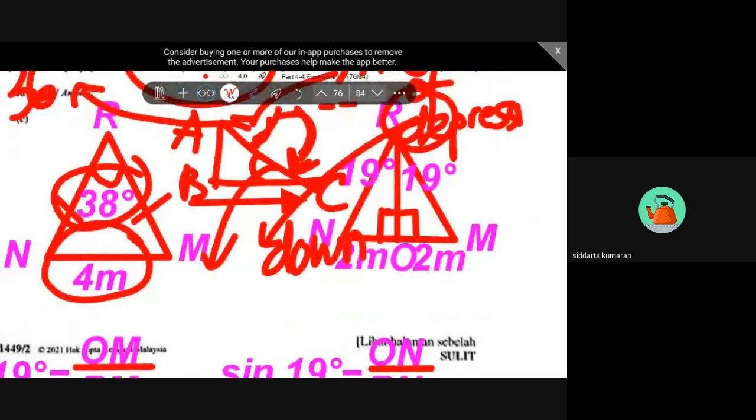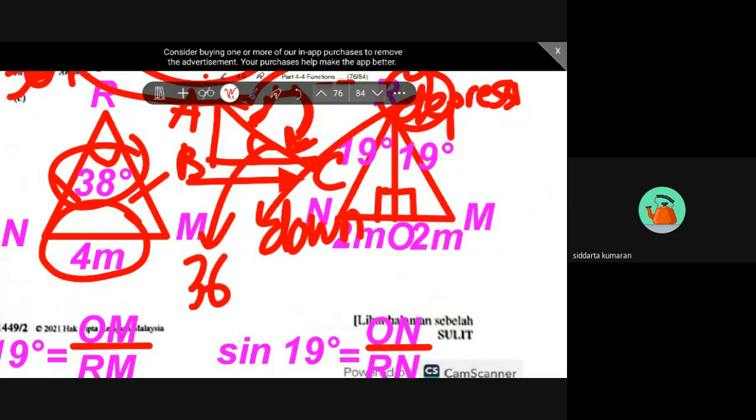What is the angle of ACB? If yang ni 36. Apa sudut bagi ACB? Yes, bagus Ain, sangat bagus. Kamu faham. You understand. 36.